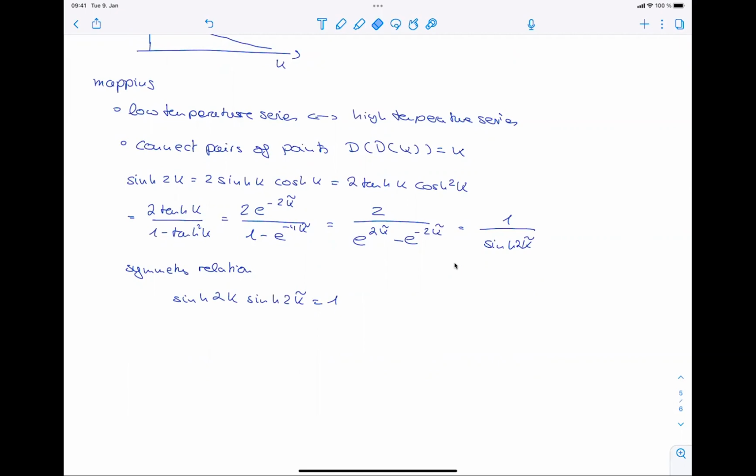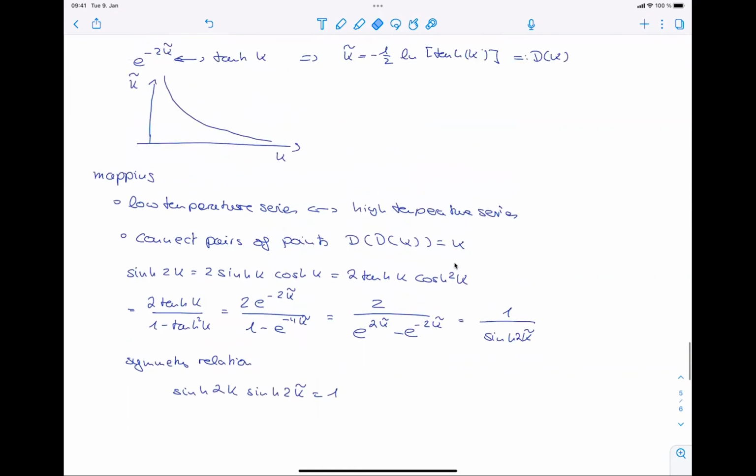And now we're going to use it because our goal was to learn about the critical behavior, right? What this mapping allows me is to map any low temperature series to any high temperature series. But that means if I perform my low temperature series expansion and get to the critical point, there should be a singularity.